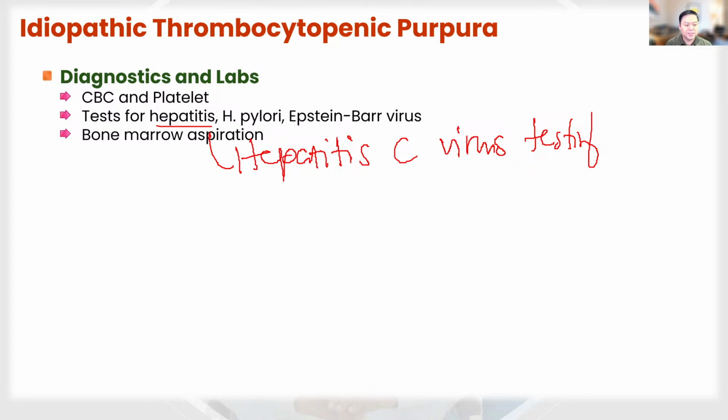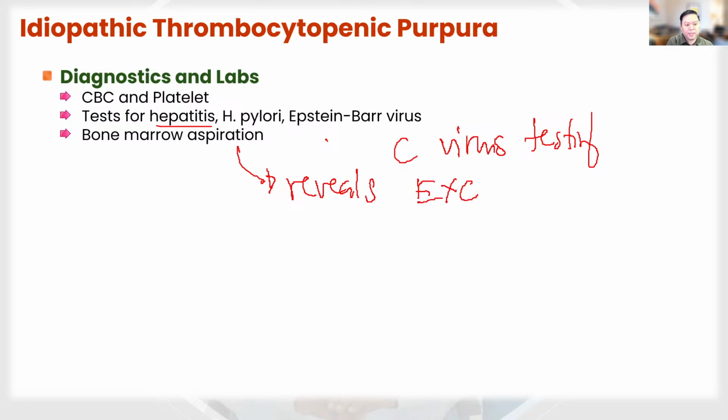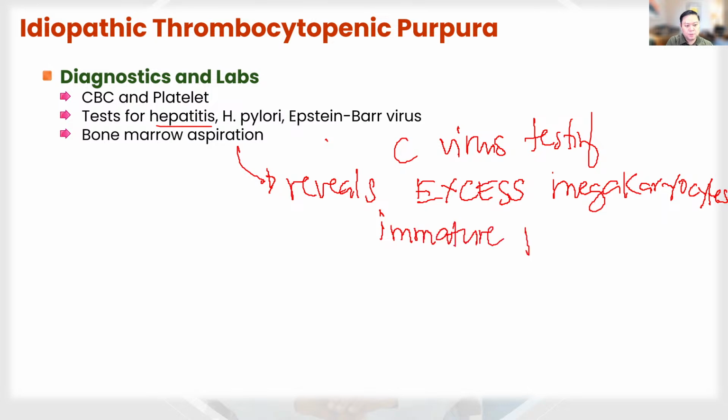So the bone marrow aspiration will reveal excess megakaryocytes, or those immature platelet forming cells.